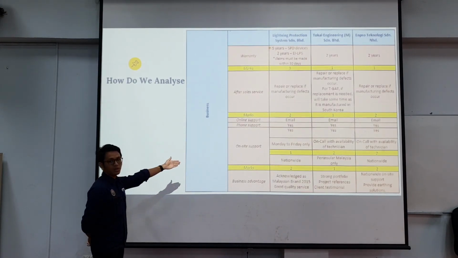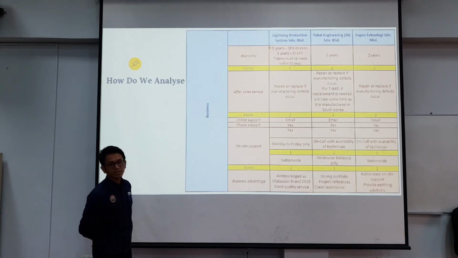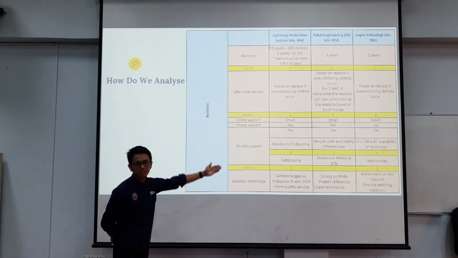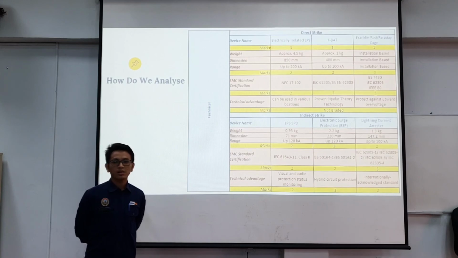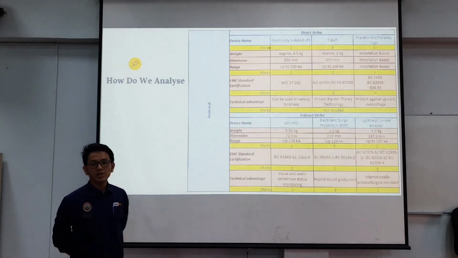For the on-site support, Tokai Engineering Sdn Bhd and Pro Technology Sdn Bhd have 2 marks based on coverage in Malaysia and nationwide. Okay, for the technical support for the companies, we have 2 strikes, which is direct strike and indirect strike.